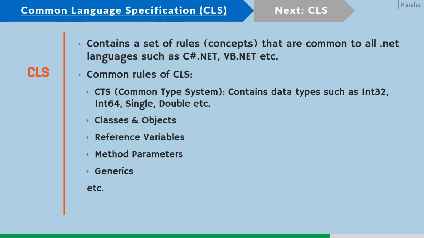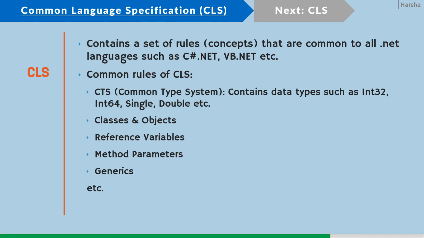What is CTS? CTS is the Common Type System. CTS contains a set of data types that are available in all .NET languages, for example Int32, Int64, Single, Double, etc. These data types are commonly available in all .NET languages, prescribed by CTS and followed by all of them.